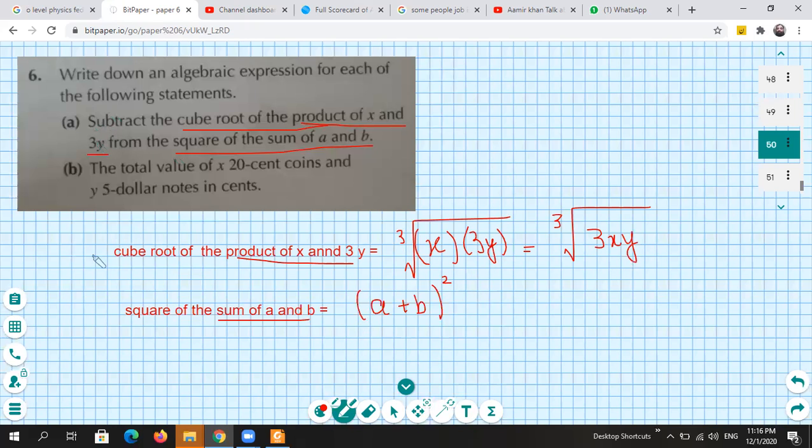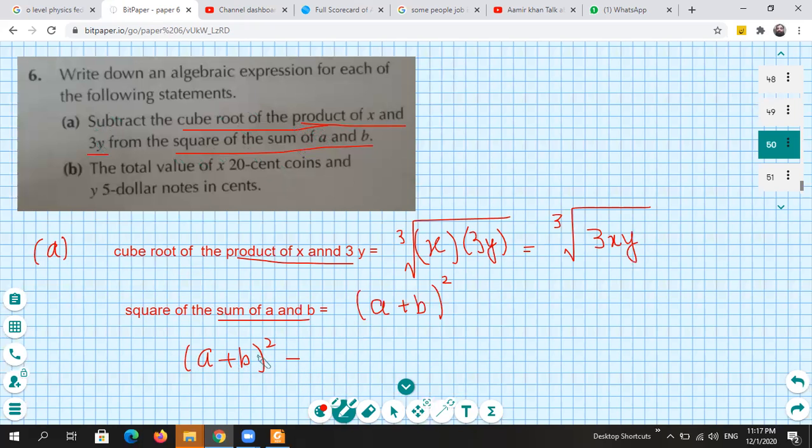So in part A, we have been asked to subtract the cube root of the product of x and 3y from this. So the answer will start with a plus b whole square, because we are subtracting this from this.